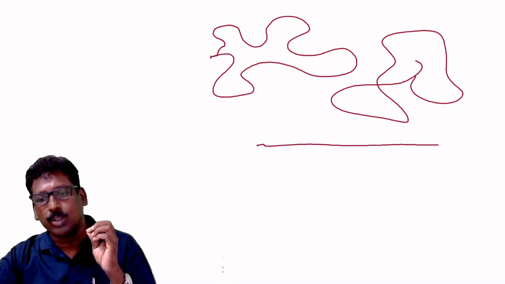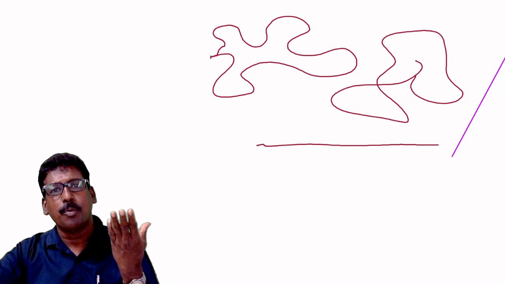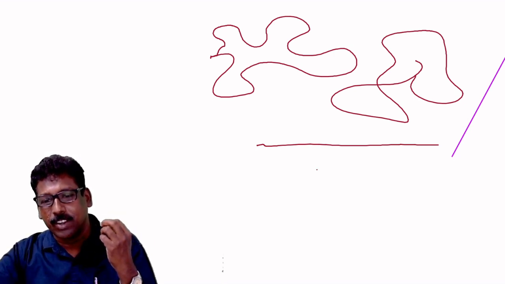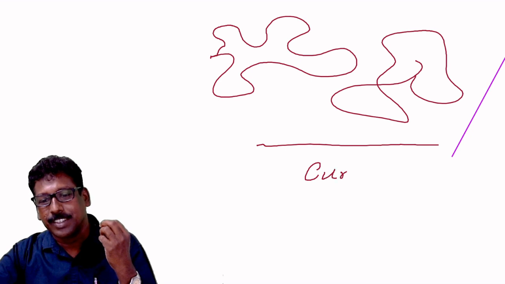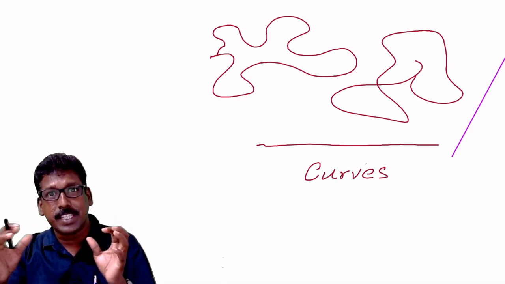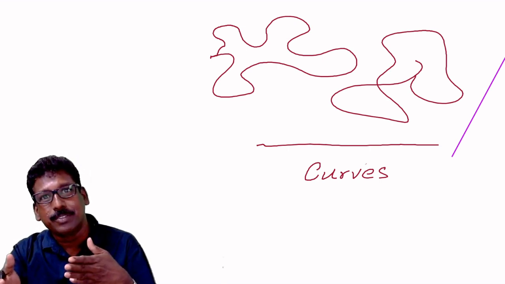Here you can draw like this also, and here a line segment also. In this way you can draw many pictures. These pictures we can call curves. Usually curve means a bending, but in mathematics it can be a straight line also.